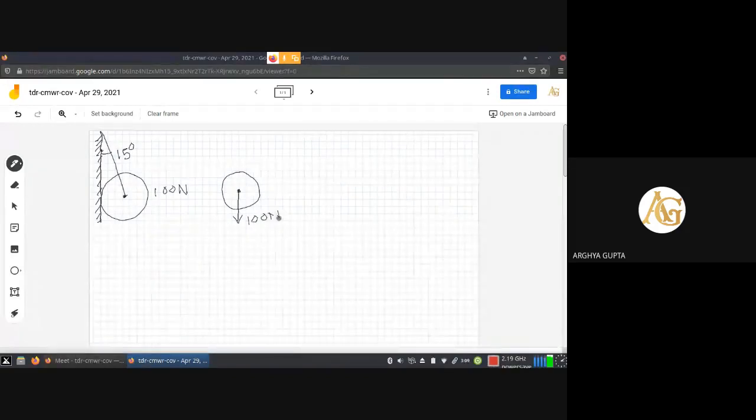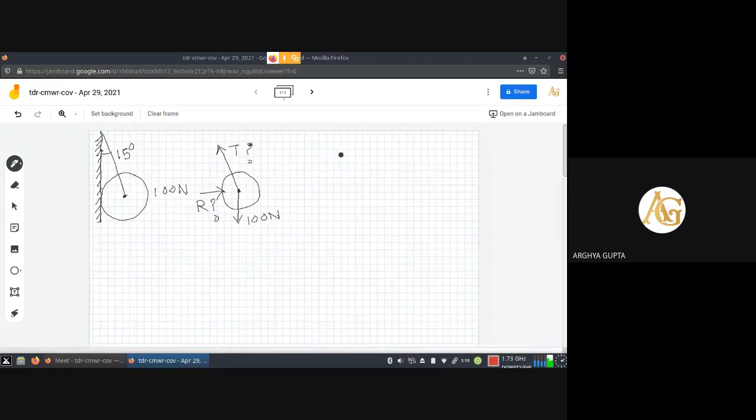Tension always acts towards the hinge or support, and this is the R. So we need to find the value of T and the value of R.